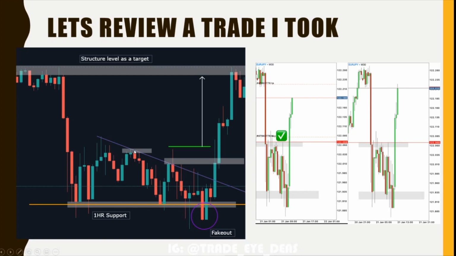I actually drew some minor structure levels on the really small time frame. So here we've got a high, a lower high, a lower high, and after this had faked out to the downside, my bias was then, okay, maybe we can look for some potential upward movement.